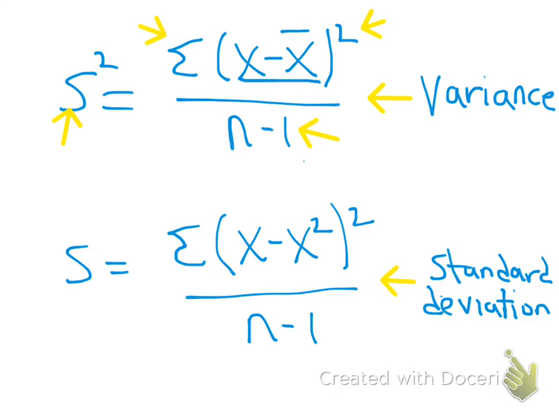To go from the variance to the sample standard deviation, which is indicated with a small s, all you have to do is take the square root of the variance formula. So you just calculate the variance, and once you get that number, you take the square root of it and you get the standard deviation.